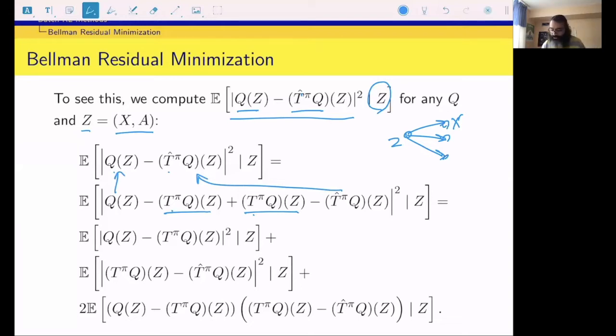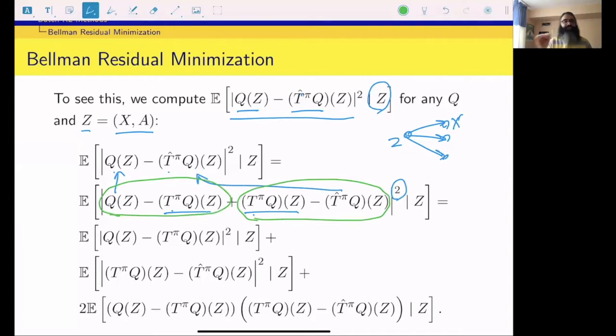Now I take the square and separate terms. One term would be the first two terms squared, the other would be the second two terms squared, and the other would be two times the inner product of them.